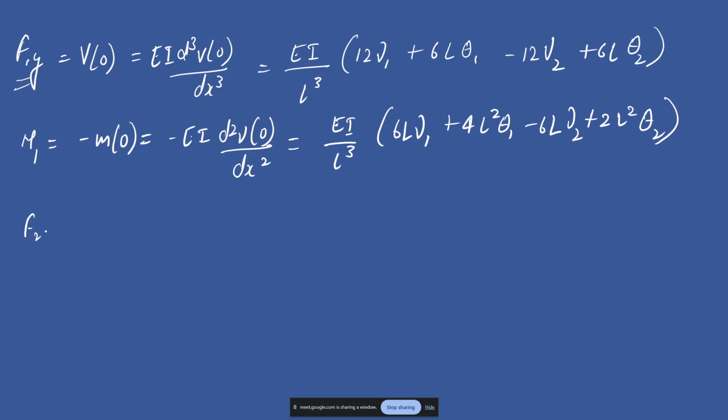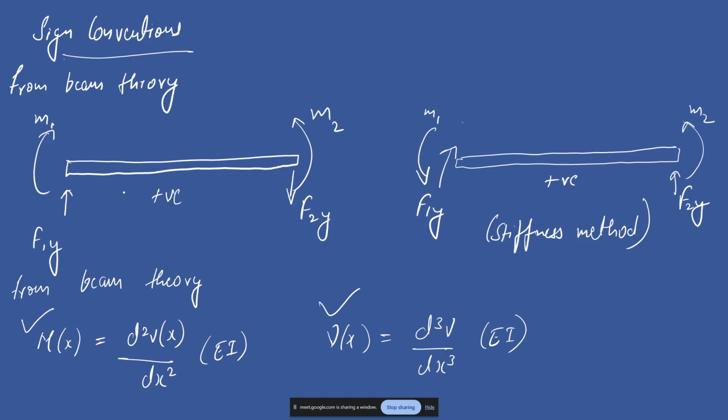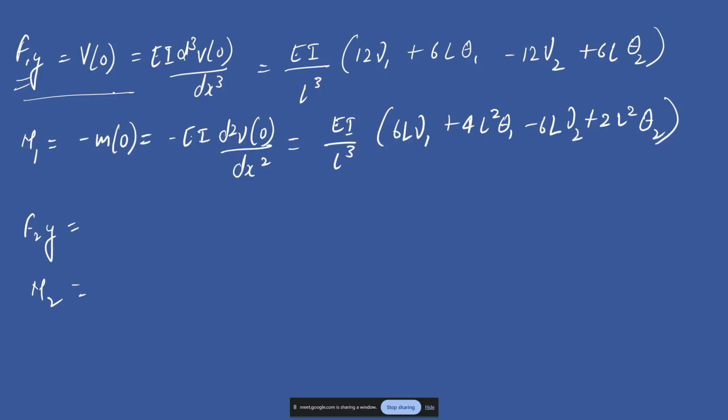Similarly, you can get your F2y and then your M2. So we are following this convention. Here, if you see F1y in the same direction, we have kept the same signs for them.